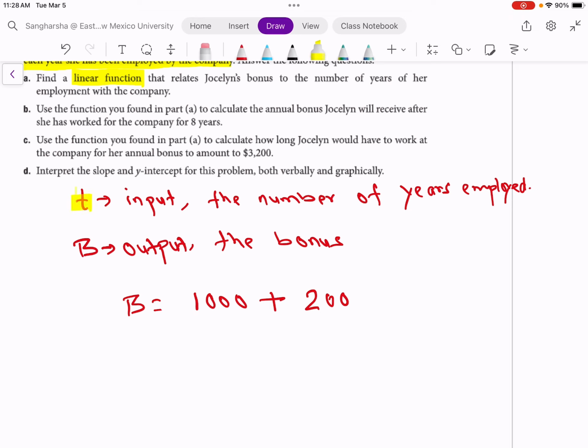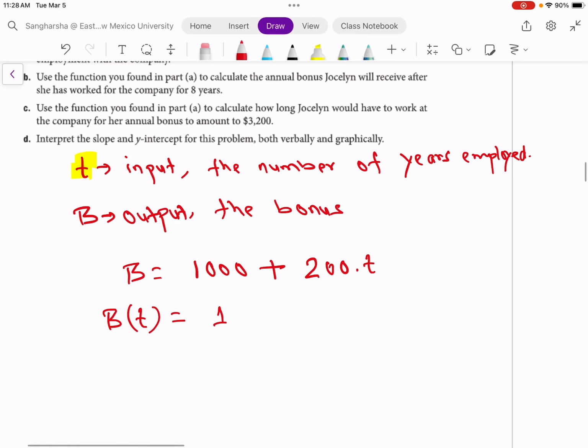We have a T in general, so we have 200 times T. This expression depends on T, so B is a function of T. So we have B of T equals 1000 plus 200T. B is the bonus, and it depends on T. It means the bonus is a function of time. As the time changes, our bonus changes.